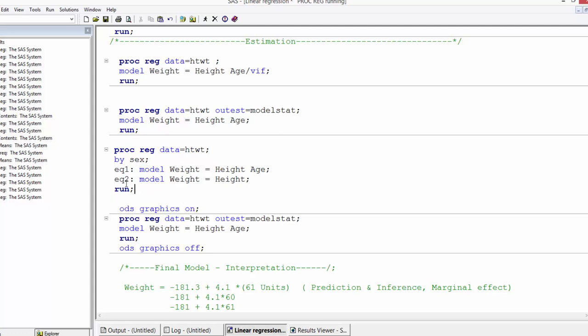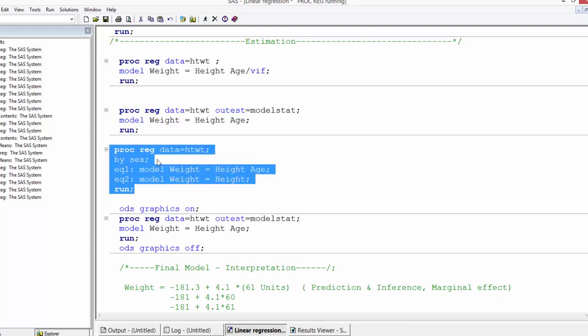So in this particular statement, we are doing two things. First, we're going to have two models with respect to sex, one model for male and one for female, and we're also estimating two models in just one statement.